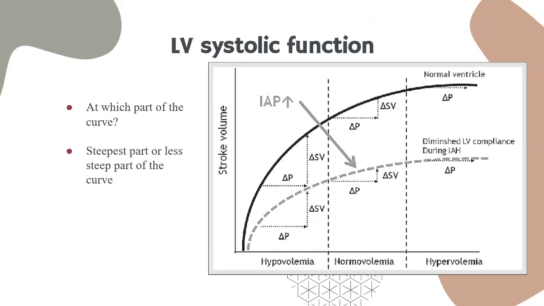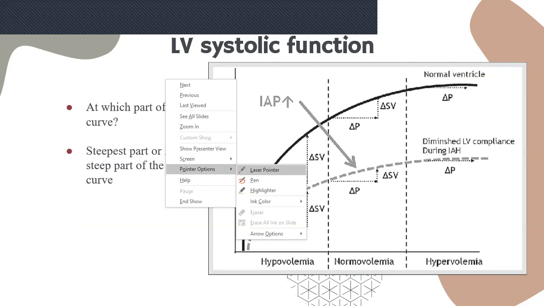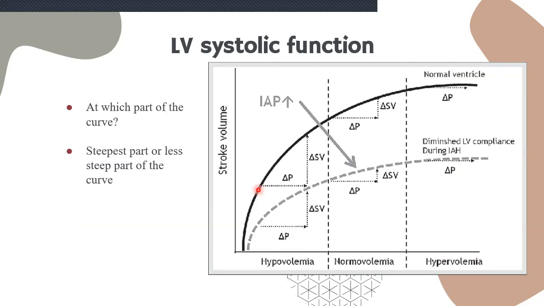For the LV systolic function, we want to know at which part of the Frank-Starling curve the patient is, whether it's at the steep part or the less steep part.